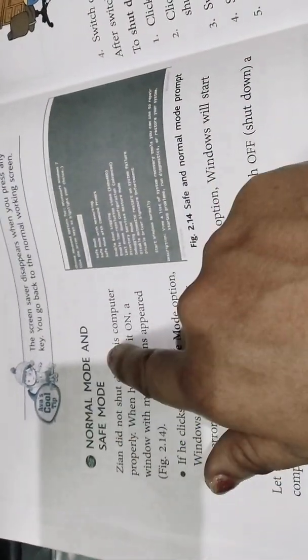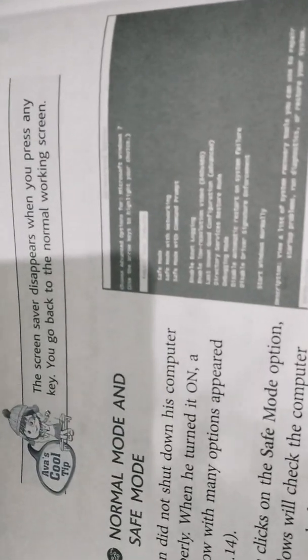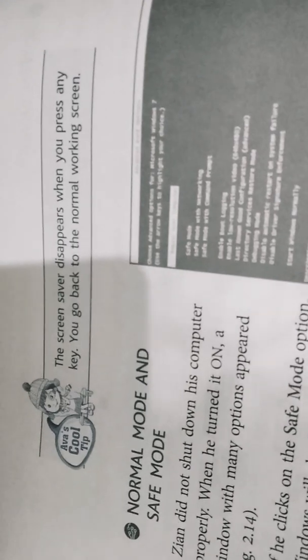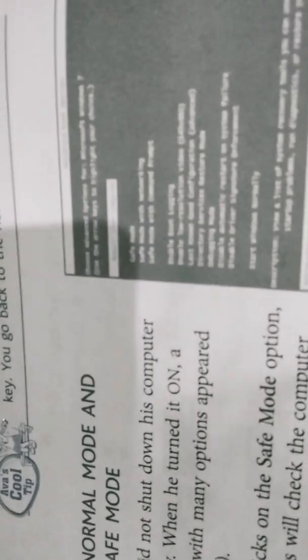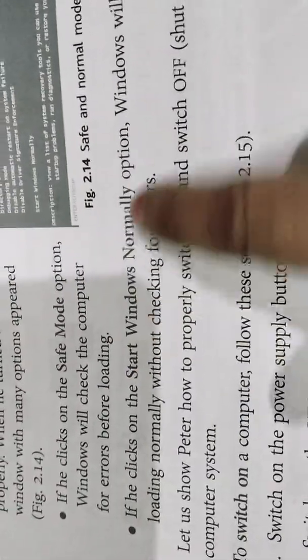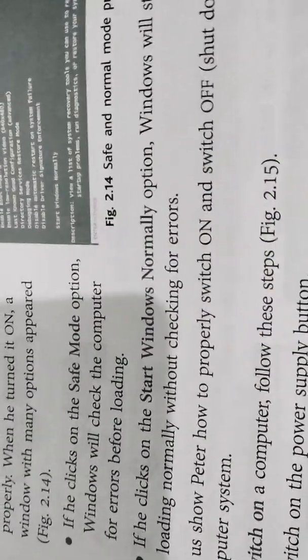If you do not shut down the computer properly, this screen will come on the computer and it will ask you to start Windows normally or safe mode. So when you click on the safe mode option, it will check the computer for errors and then start the computer. And when you click on Start Windows normally, then Windows will start loading normally without checking for errors.